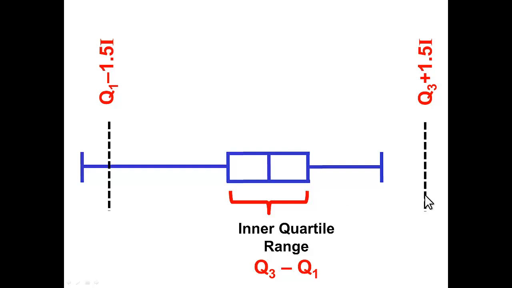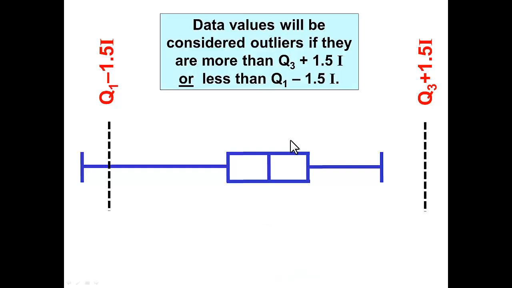That gives us this distance here on the right. Data values will be considered outliers if they are more than Q3 plus 1.5 I or less than Q1 minus 1.5 I.